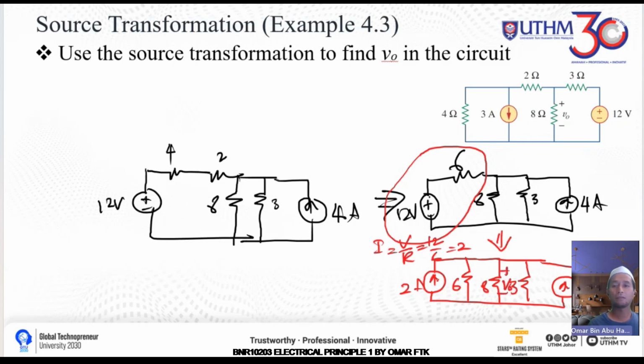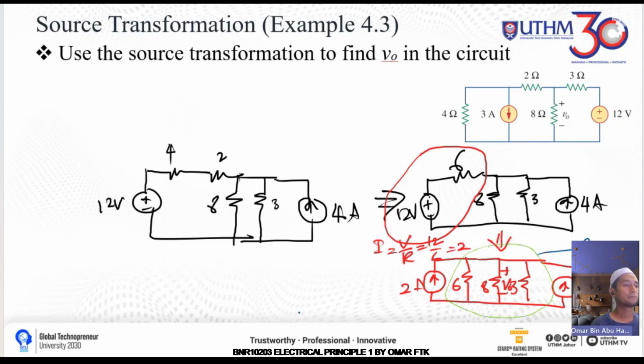But you can also combine all these three parallel resistors. You can find the R equivalent for all these three. Let's try to determine.